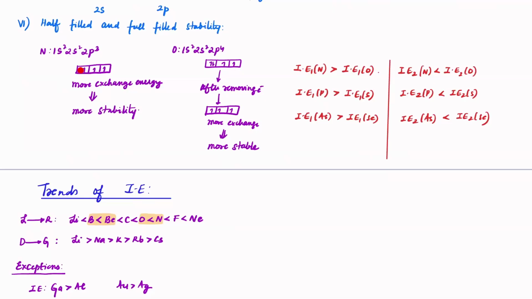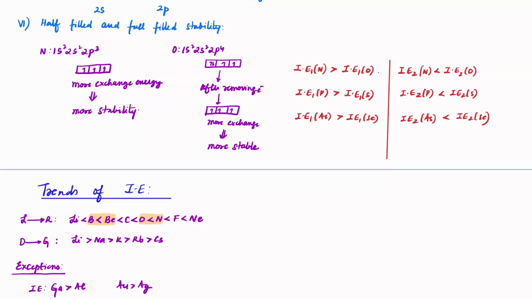Nitrogen, for example, will have 3 unpaired electrons in degenerate orbitals. 2p has 3 orbitals, all of them have the same energy. Orbitals which have the same energy, we call them degenerate orbitals. In these degenerate orbitals, if you place one electron each, they can easily exchange among themselves.